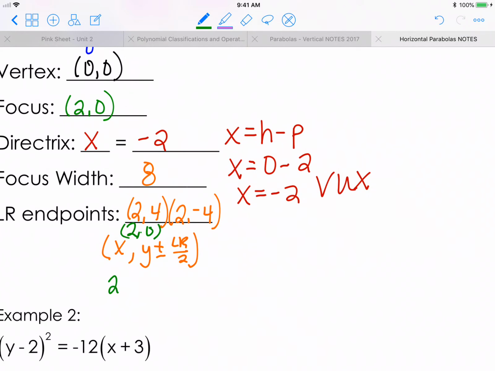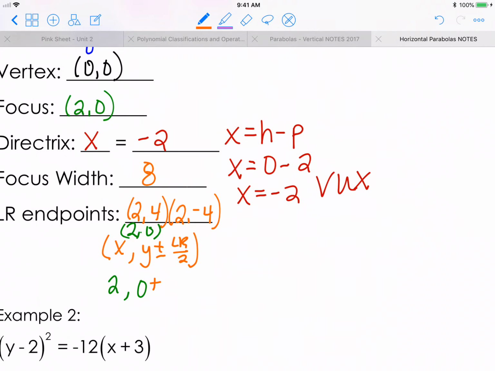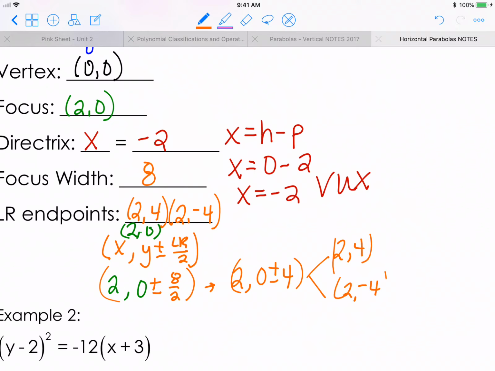Plus or minus our LR was 8 divided by 2. So you get 2 comma 0 plus or minus 4, which gives us 2 comma 4 and 2 comma negative 4, which is exactly what we got when we just graphed them.